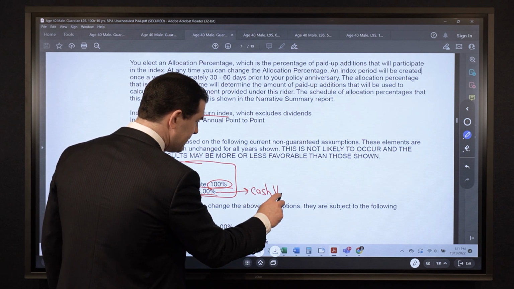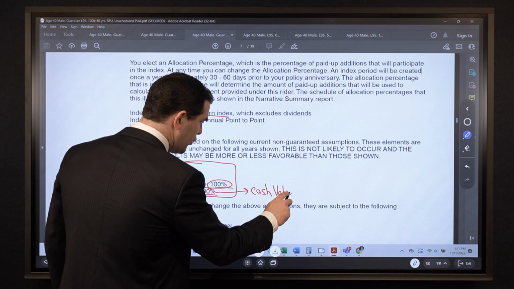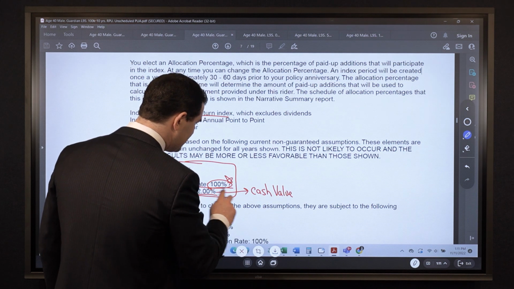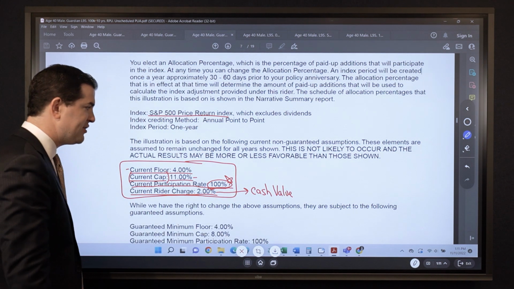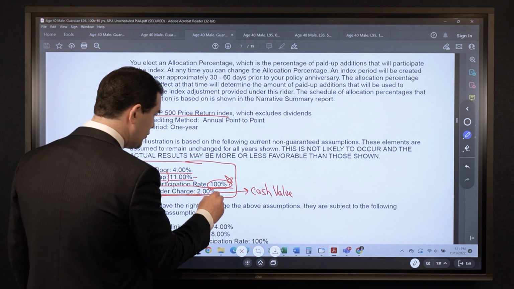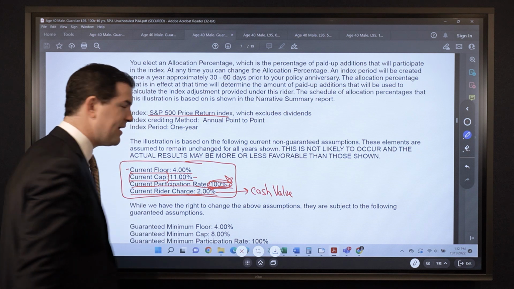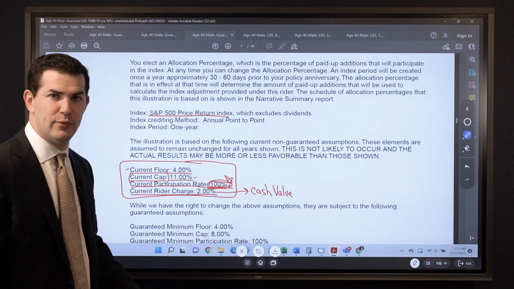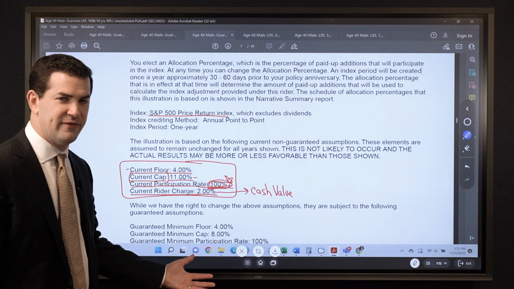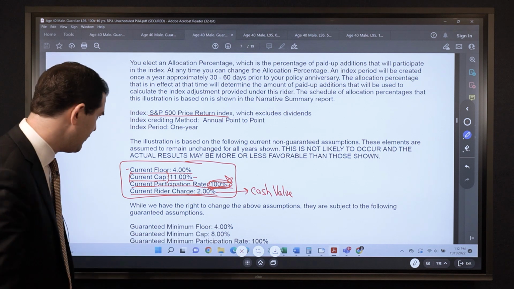And think of it this way. If you have 100% of your cash value tied to the S&P 500 index, then that 2% fee will be assessed to 100% of your cash value. If it's 50%, then the 2% fee is assessed to only 50% of your cash value.